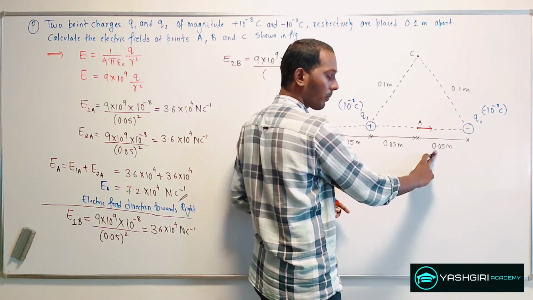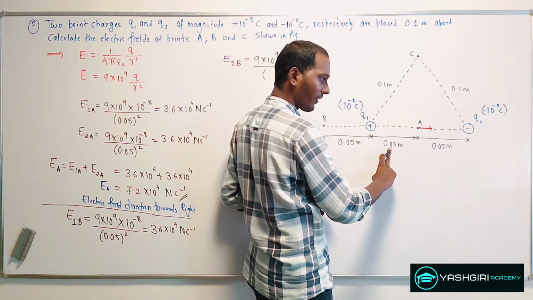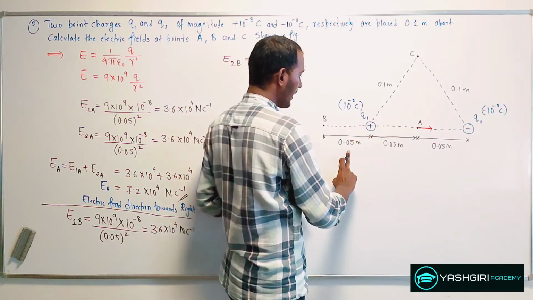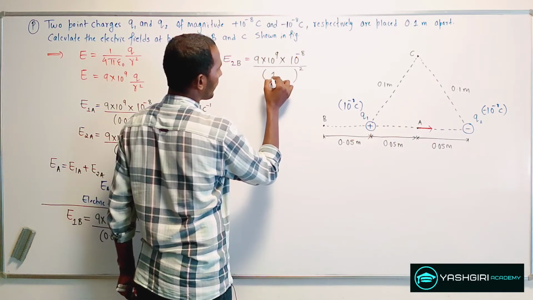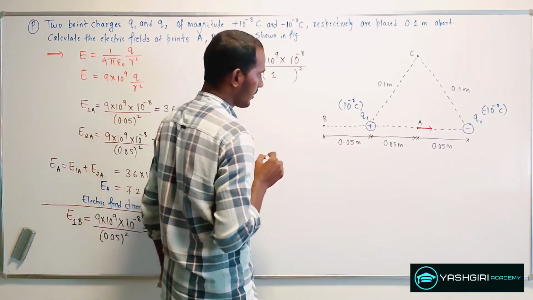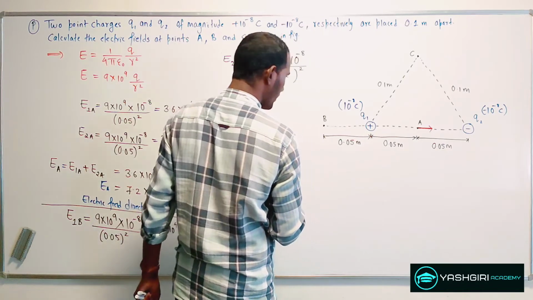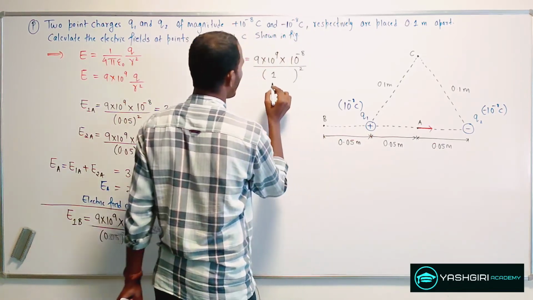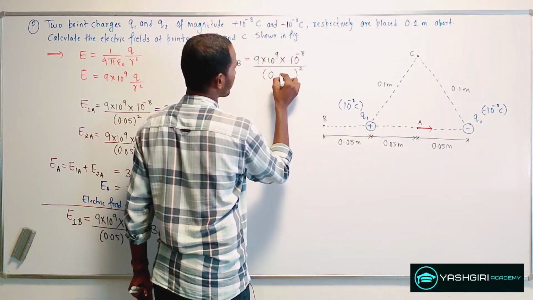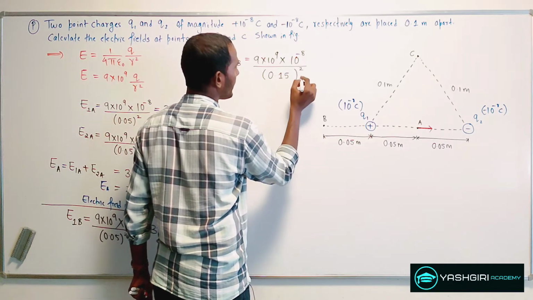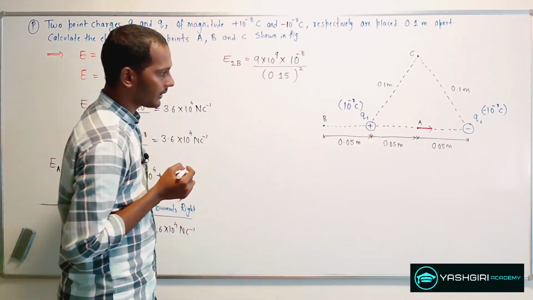So 0.05 plus 0.05 gives 0.1, and this is 0.05, so it will be 0.15 meters squared.